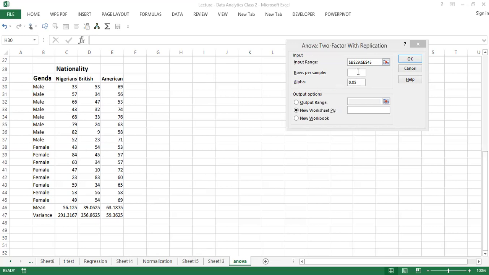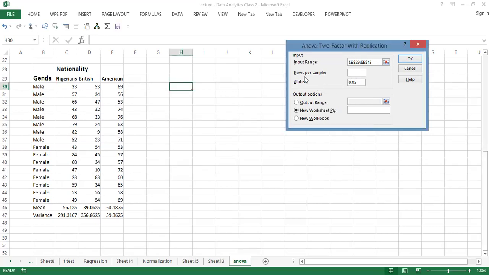It's asking you for rows per sample. It's asking you how many rows you have in each category. The males, how many rows for male, how many rows for females? We got 8, right? We counted 8 just now. Then for the output range, you click there, and then you choose where you want your results. And then you click on OK.